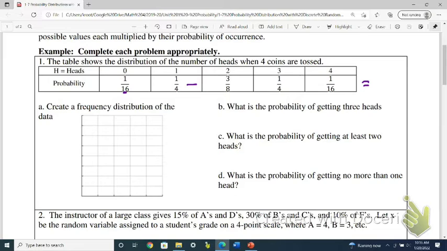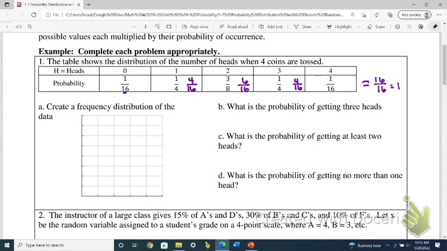So 1/4 is really 4 out of 16. 3/8 is really 6 out of 16, and 1/4 is, again, 4 out of 16. So when I add those all up, I get 16 out of 16, which is 1, which is what our probability should be.